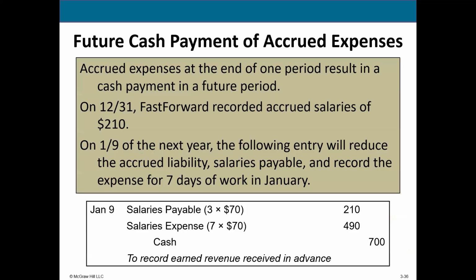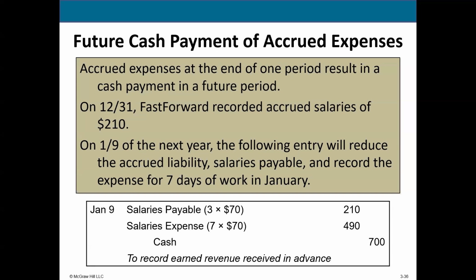So I've already accrued the 3 days. I have to accrue the following week. So I would debit my salaries when I get ready to pay my employee on January 9, for the 3 days plus the 2 plus the 5, because I remember I pay my employees every 2 weeks.